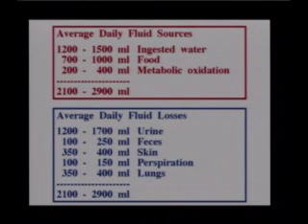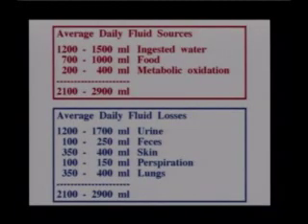There's also a little bit of water that's made each day through metabolic oxidation. When people are on a very strict intake and output, such as someone in renal failure, we have to account for those metabolic oxidation fluids as well. Now, if we look at fluid losses, we know that we lose fluid through the urine, feces, skin, perspiration, lungs.